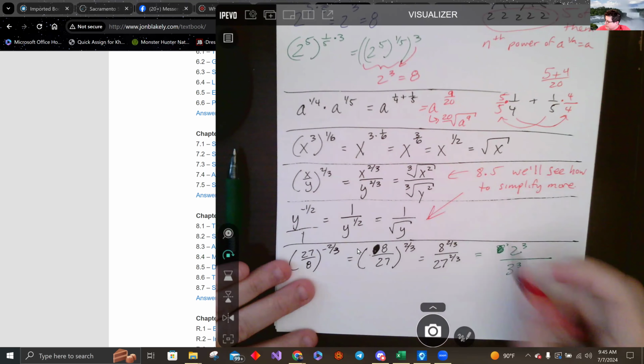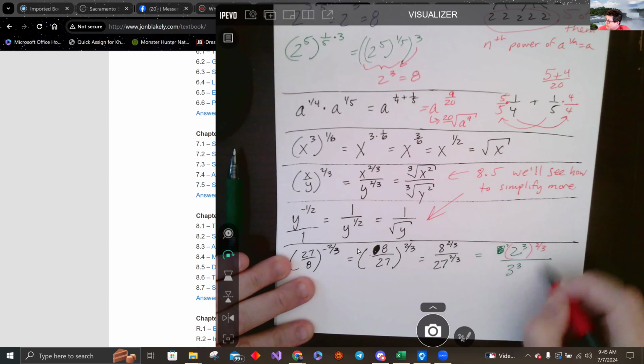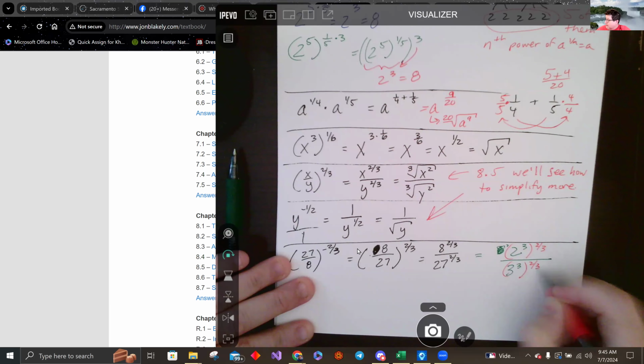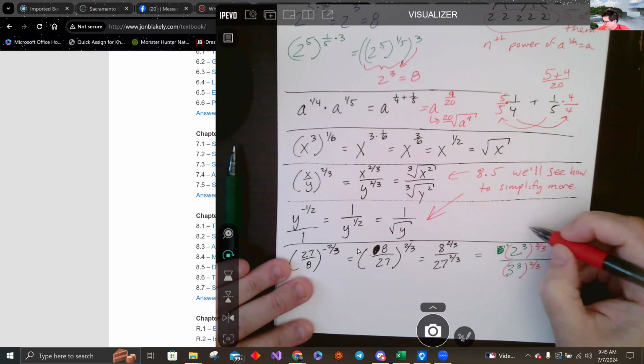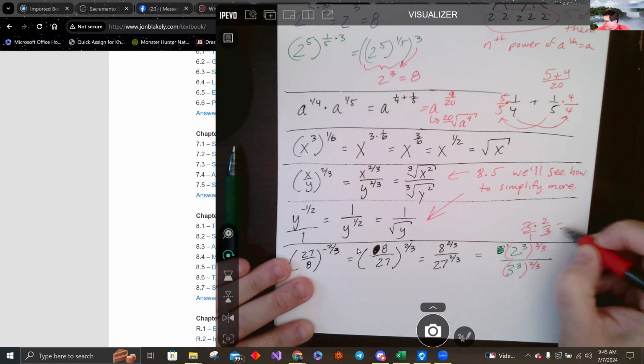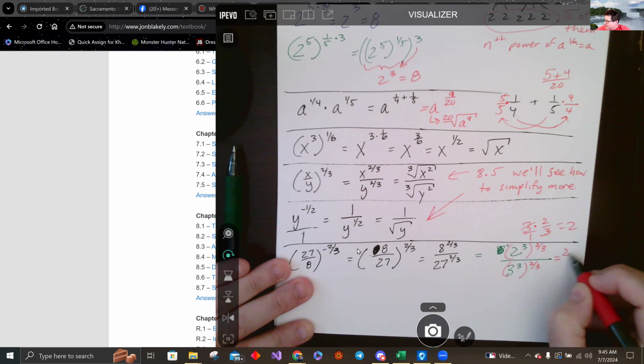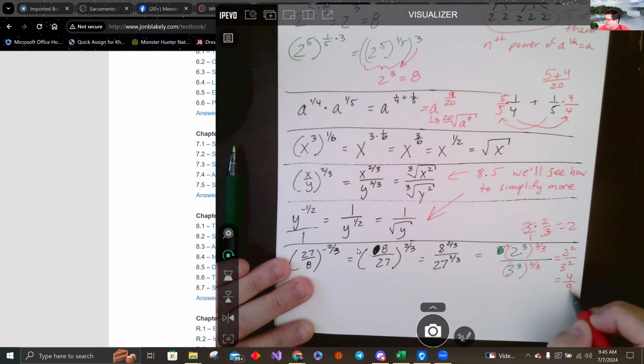And both of those are still to the 2/3 power. So 3 times 2/3, the 3's cancel, we're left with 2. This is just 2 squared over 3 squared, which is 4/9.